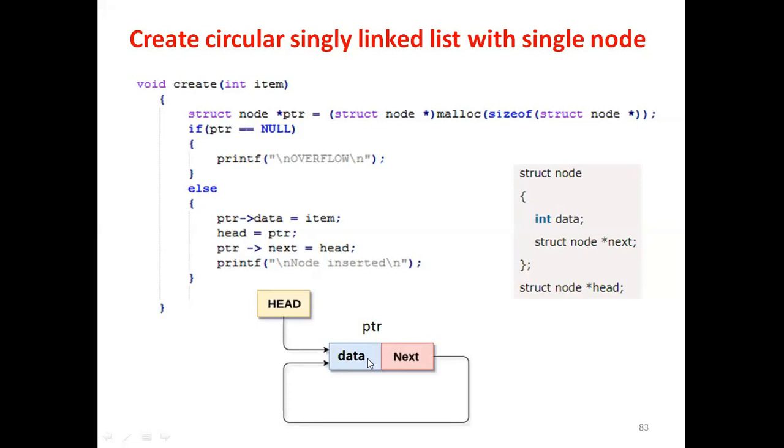Since we are creating a circular singly linked list with a single node, this one is the first node and also the last node. And the next field of this node should contain what? The address of the first node, and the address of the first node is present in head.